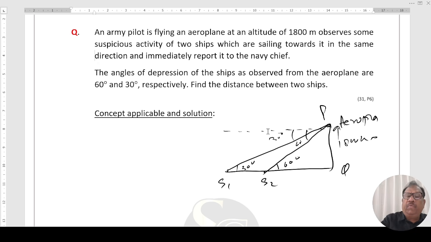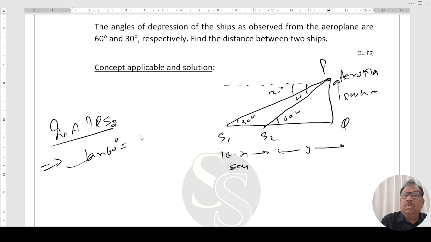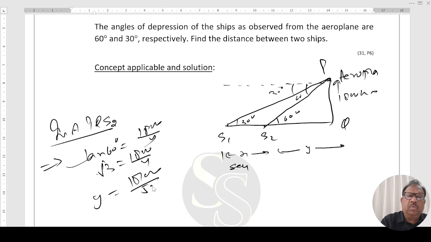We have to find this distance, say X. Let's say this is Y. Now in triangle PQS2, tan 60 equals 1800 upon Y. That is root 3 equals 1800 upon Y. Y comes out to be 1800 upon root 3.